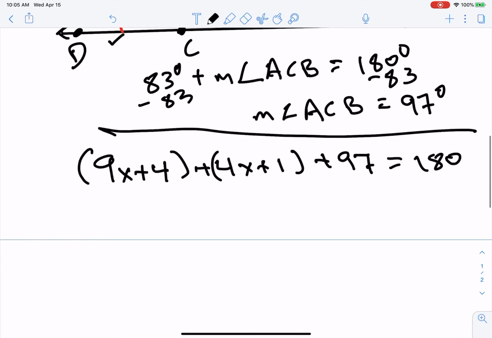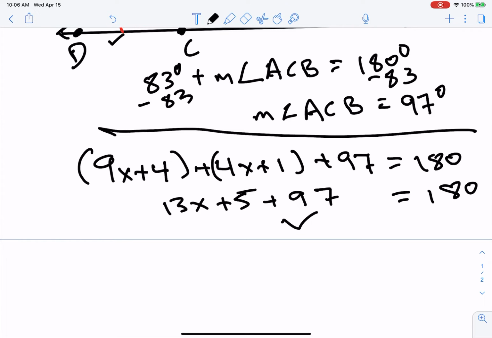Okay, now using logical operations, we're going to combine like terms. We're going to say that 9x and 4x, well, 9 and 4 is 13, so we have 13x plus 5 here. The 4 and the 1 make 5, plus 97, still add to 180. 5 and 97, the 13x drops down. 5 and 97 is going to add to 102.